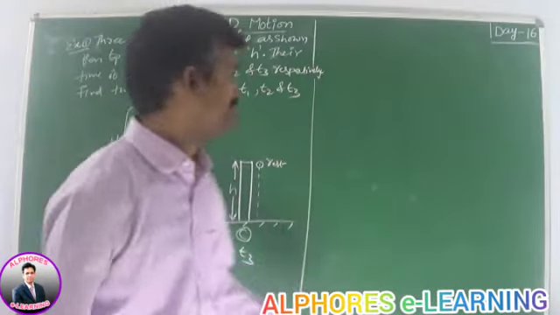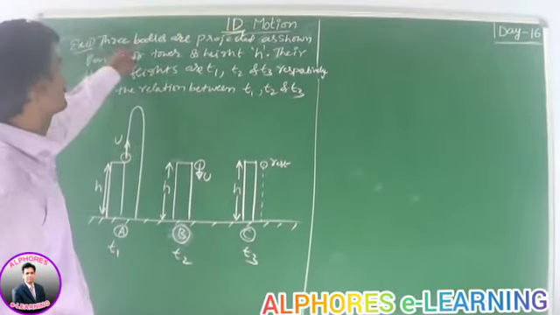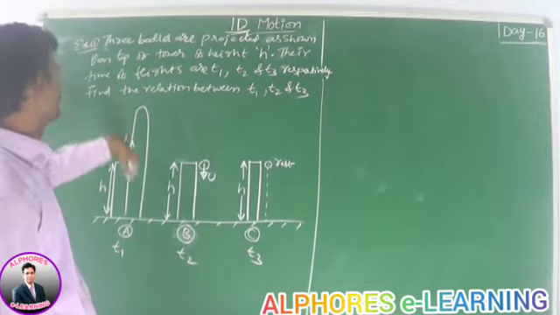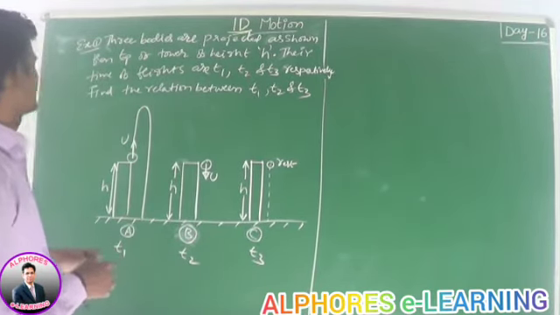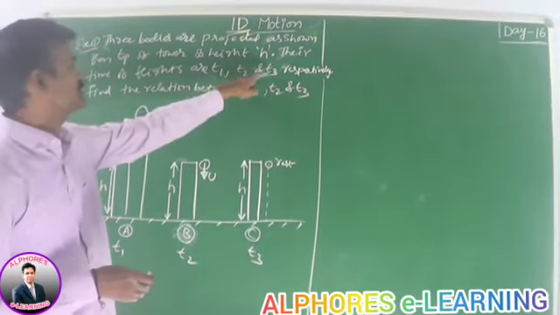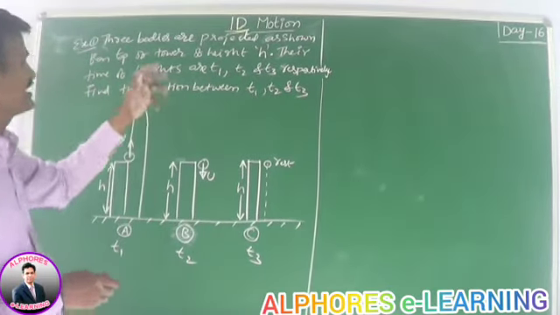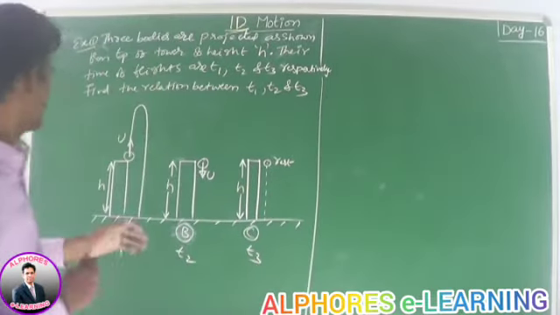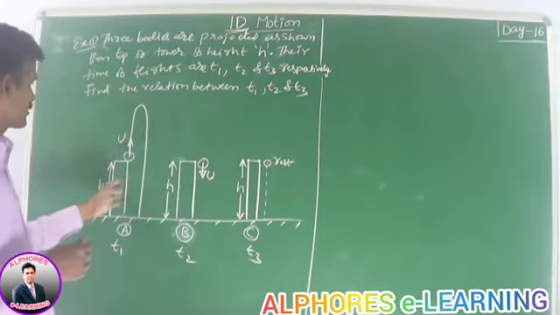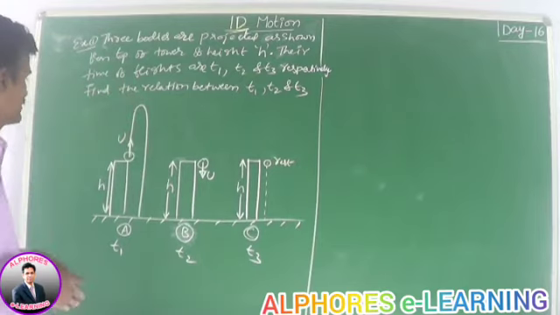Students, I have one example here. Three bodies are projected as shown in the figure from the top of a tower of height h. Their times of flight are t1, t2, t3 respectively. Find the relation between t1, t2 and t3. These are the three bodies given in the question.